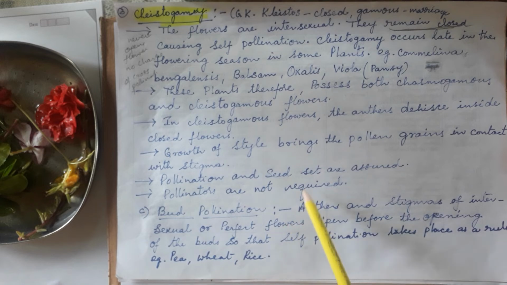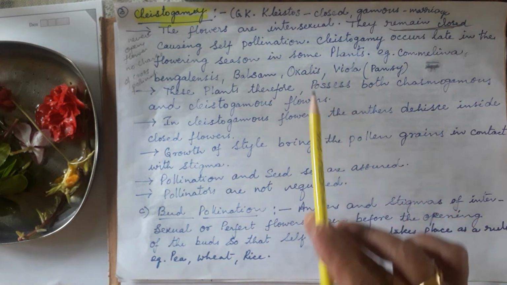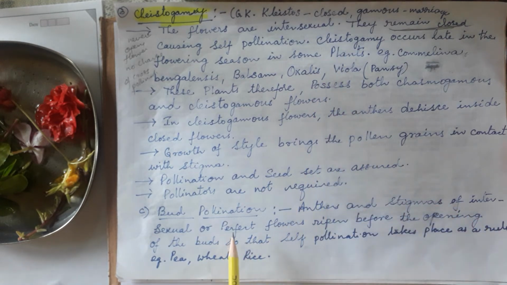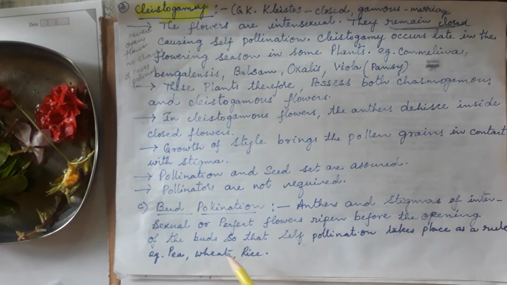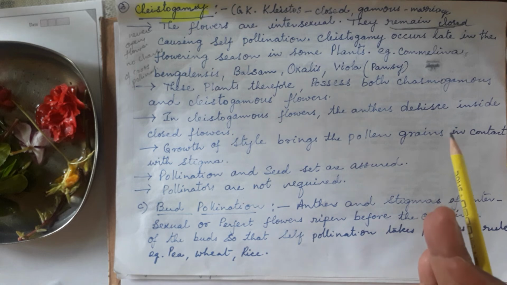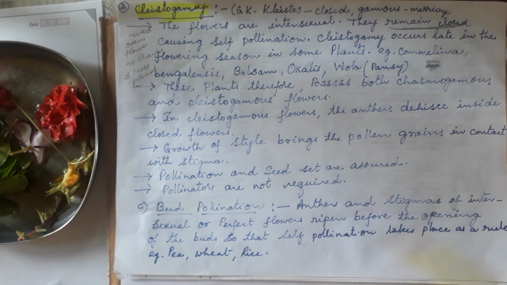It is self-reliant. Okay. And the third variety of autogamy is bud pollination. In bud pollination, anthers and stigma of intersexual or perfect flowers ripen before the opening of the buds, and before the opening the pollen will shed on the stigma.